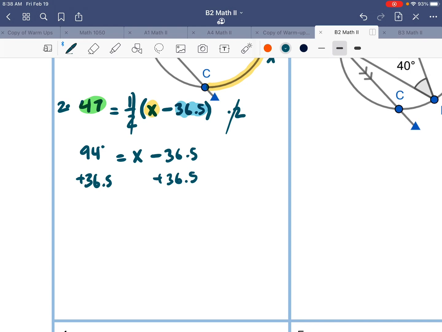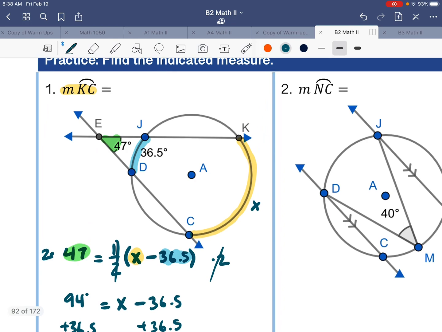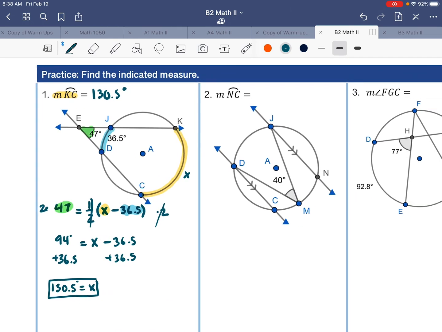And we get 130.5. So our arc measure that we were missing is 130.5. We just used the formula and did some algebra and figured out what was happening there.